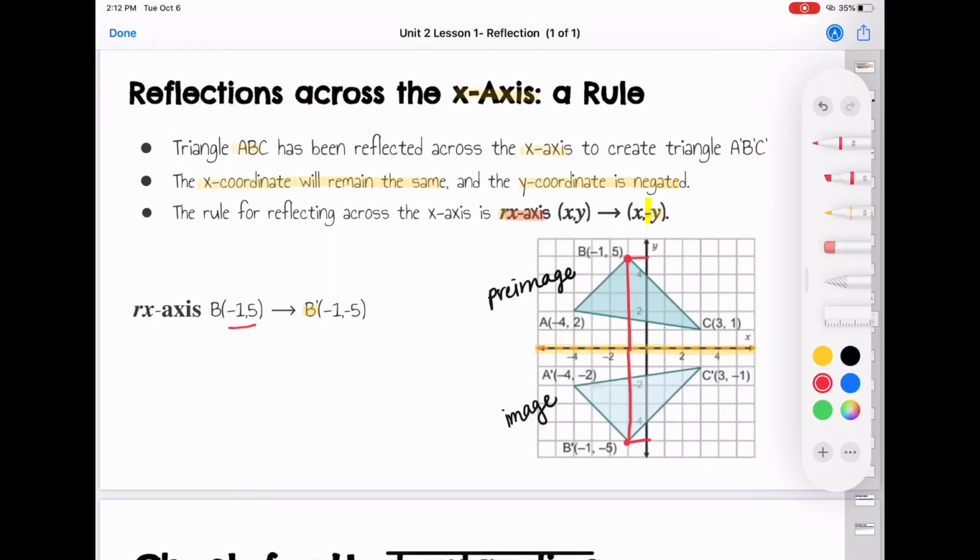As we can see here, the only thing that changed in this instance is that the original 5 became a -5, because when we have a reflection across the x-axis, it is only the y-coordinate that is negated. The x-coordinate, on the other hand, is unchanged and remains the same.